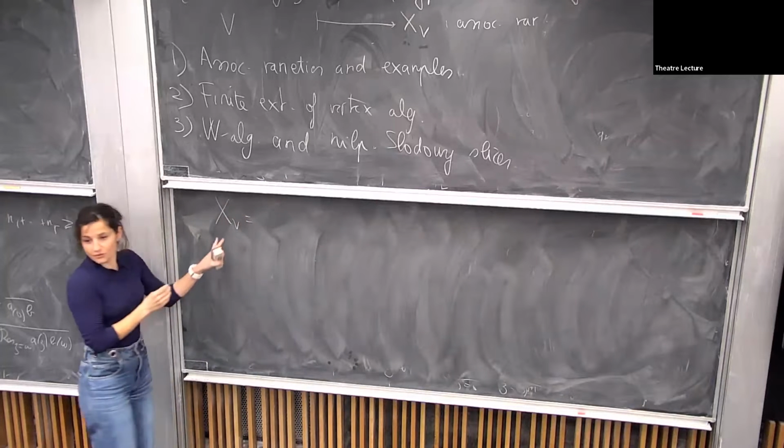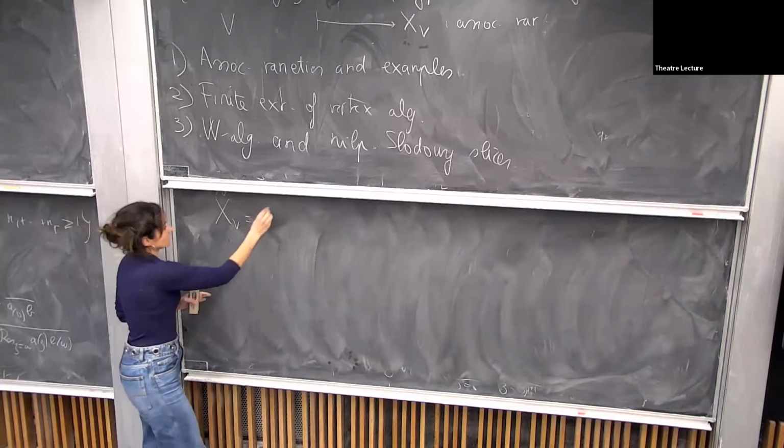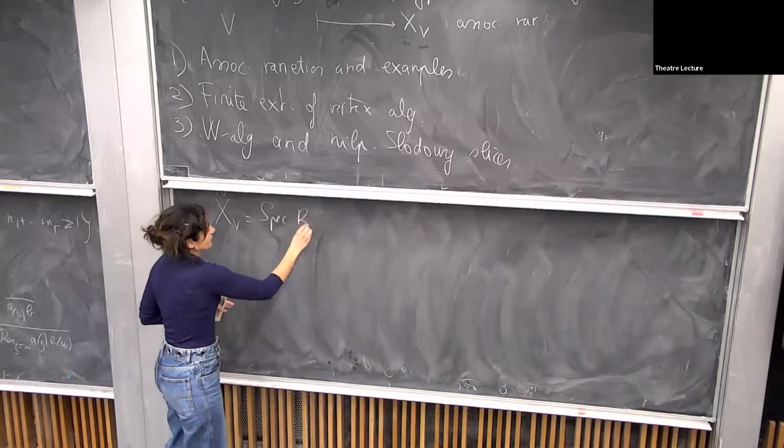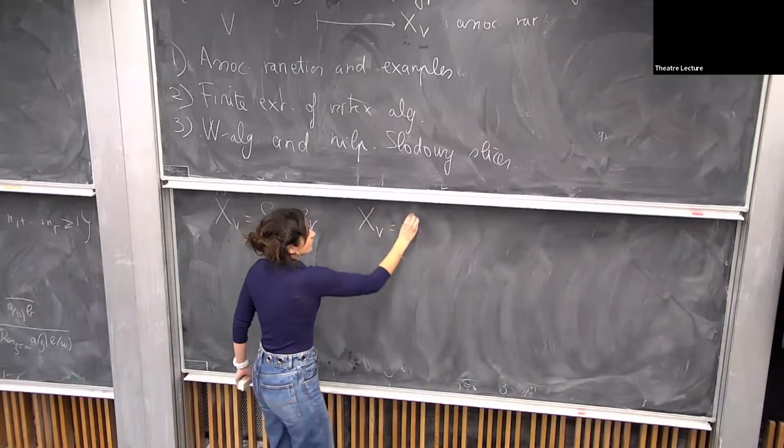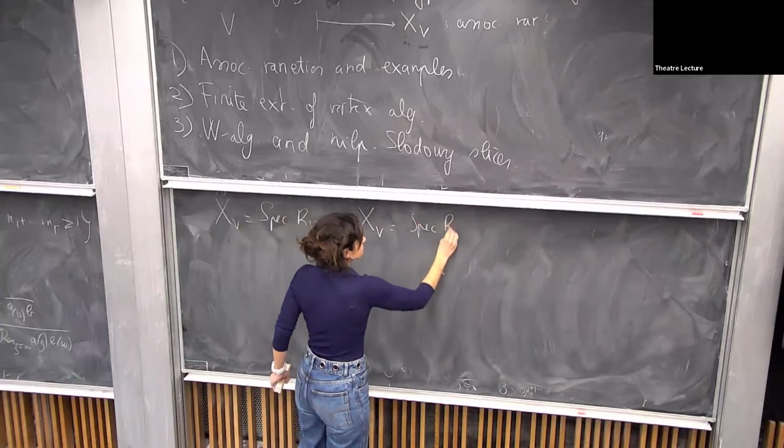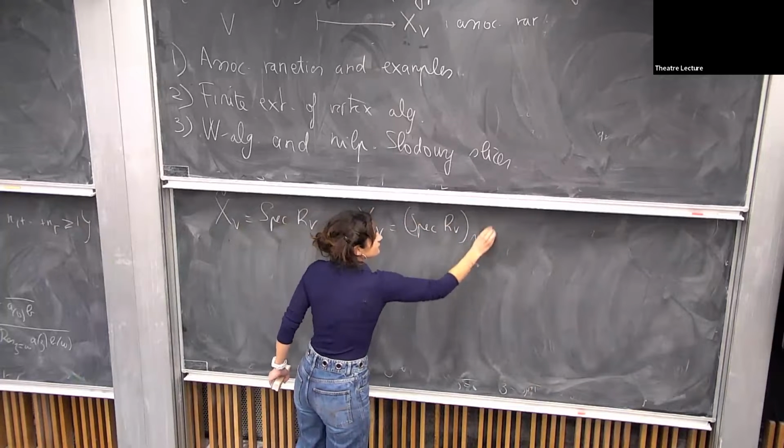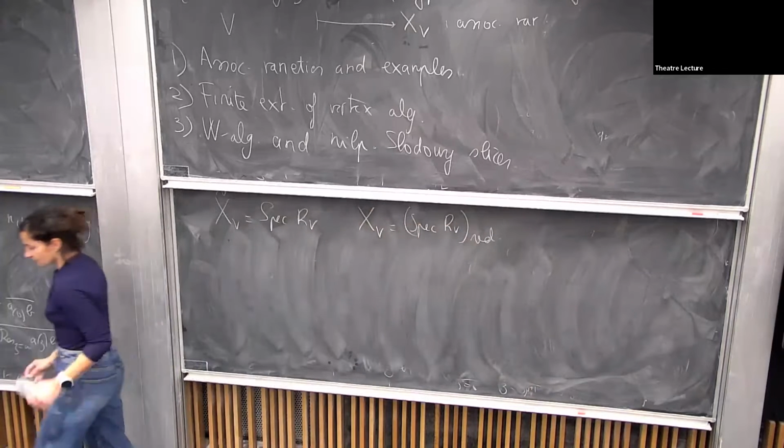So maybe it's also interesting to consider the scheme associated with R_V, and then the reduced scheme I will denote without tilde. So this is how we construct this invariant.